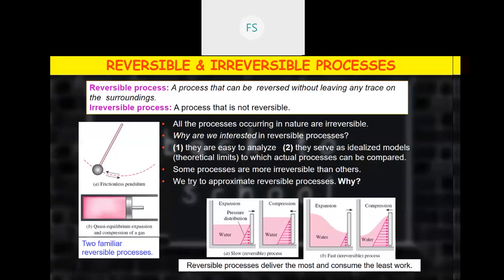So here, reversible means a process that is created by humans, while an irreversible process is a real process occurring in nature.